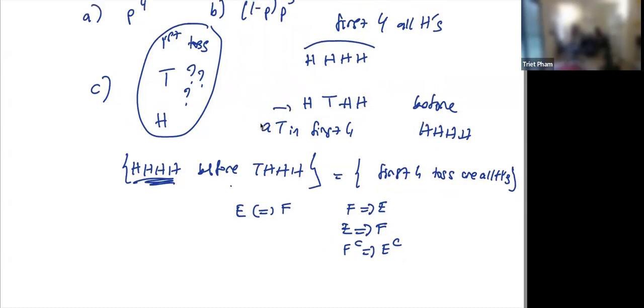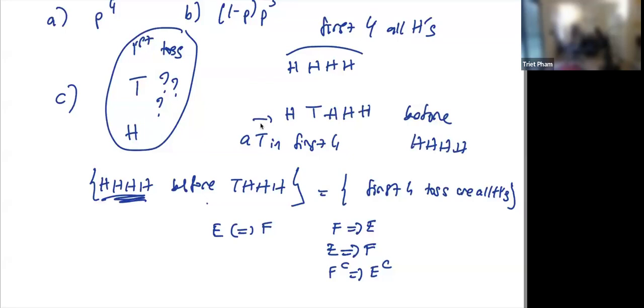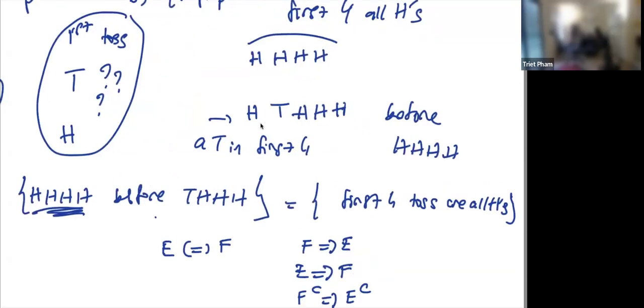If you have a head next, you've already finished tail, head. To prevent that, you must have a tail, but then the story starts again. The most you can go is three heads before you complete the sequence. You cannot have four heads in a row before you have tail, head, because you already have a tail in there. Does that make sense?